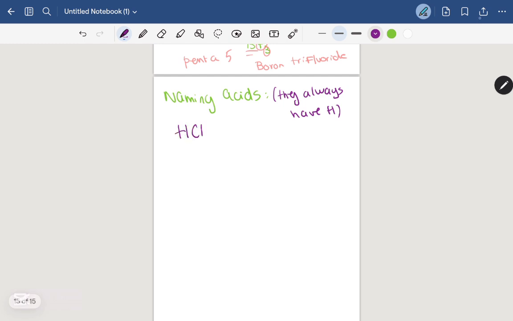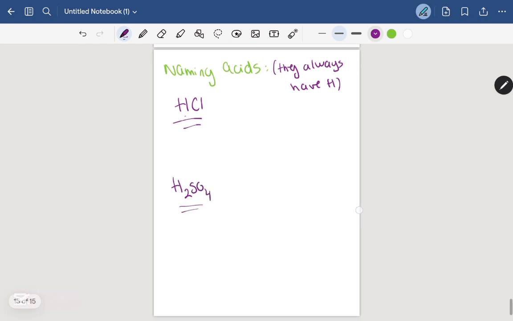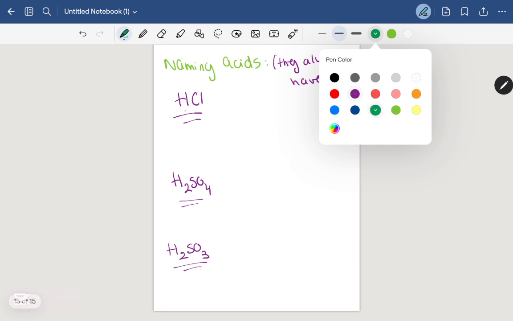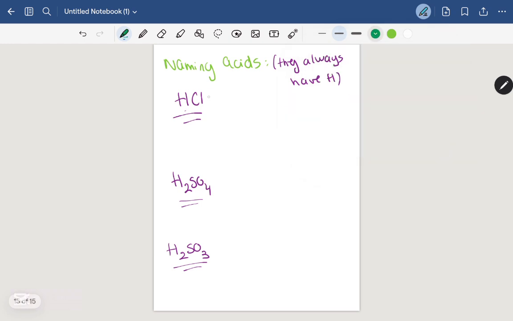I know you know the name, but we're going to take it as our first example. The second example is H2SO4. I know you also know it, but we're going to take it as our example. And then our next example is H2SO3. H2SO3 may be a bit different, but it's all part of the process.